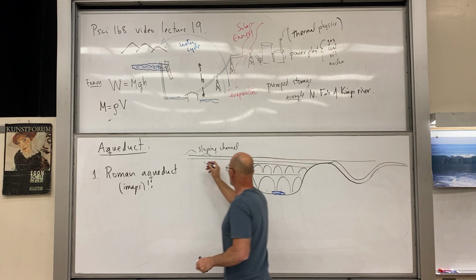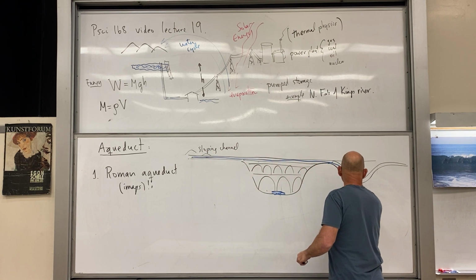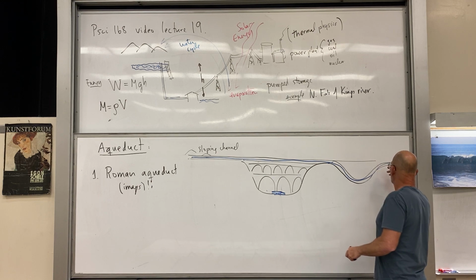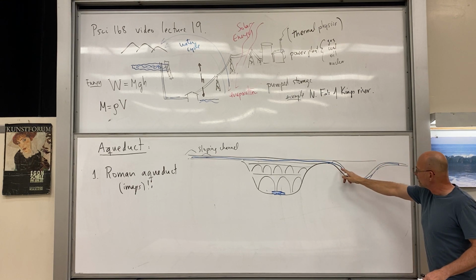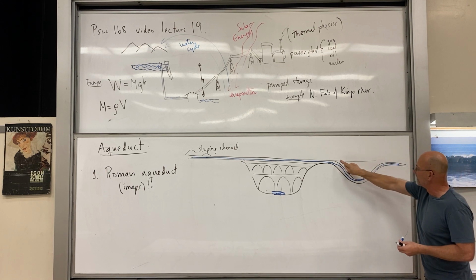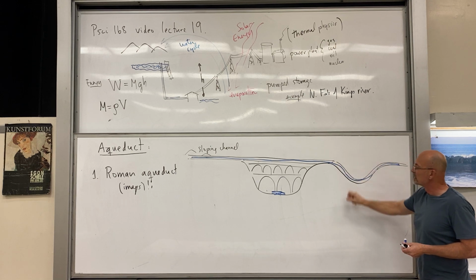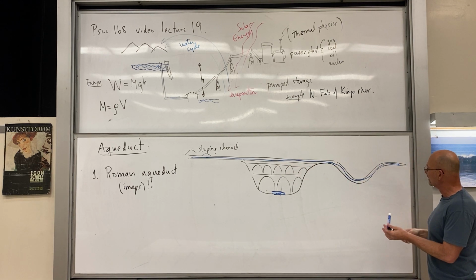So let's have our water sloping down here, okay? So this one here, as long as this level is lower than the level here to the left, you'll actually get a continuous flow. And then you don't have to bridge the valley. So sometimes you bridge the gap, sometimes you run what's called an inverted siphon.